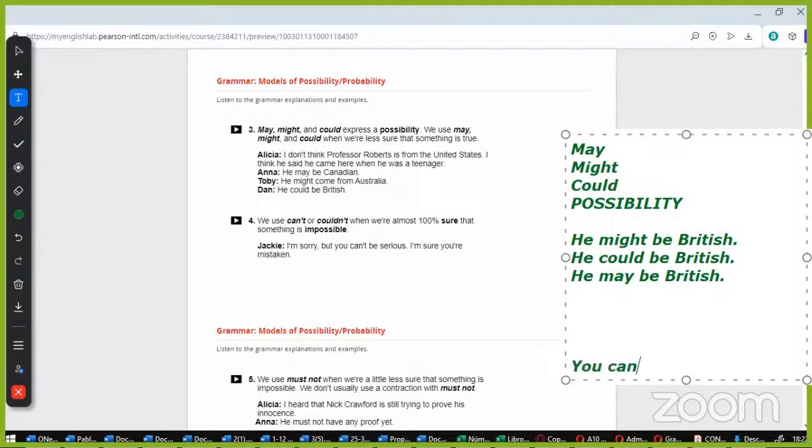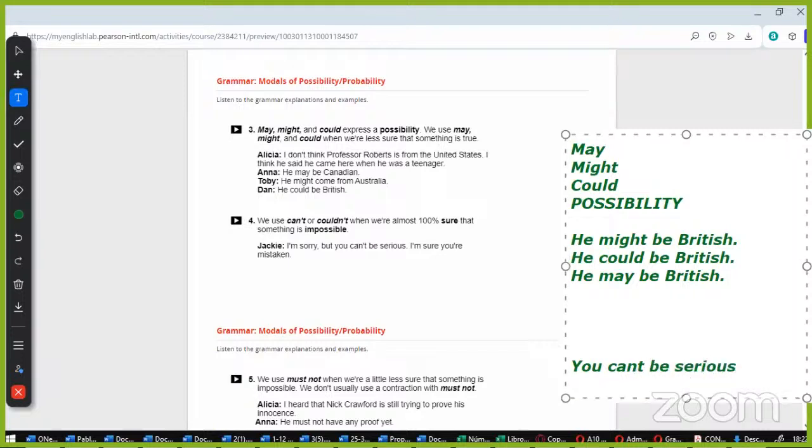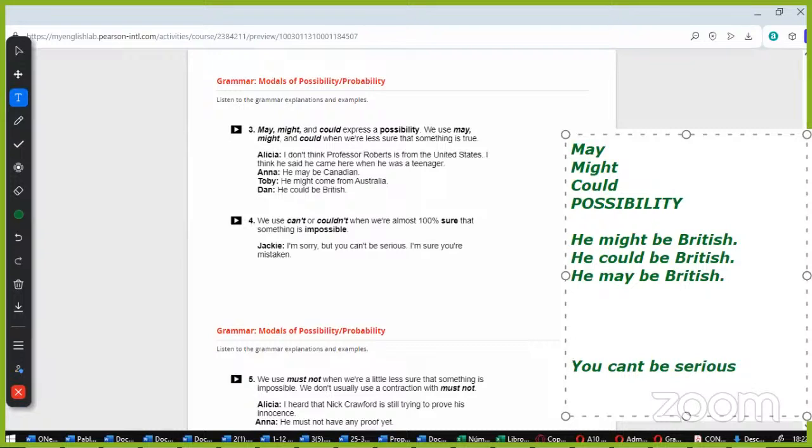You can't be serious. Or he can't drive.